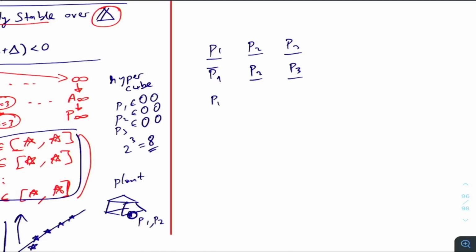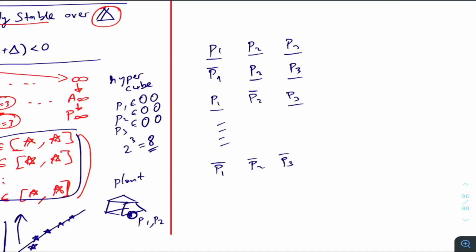E1 min, E2 max, E3 min, and there will be 8 cases, right? And the final case is E1 max, E2 max, E3 max. 1, 2, 3, dot dot dot, 8.